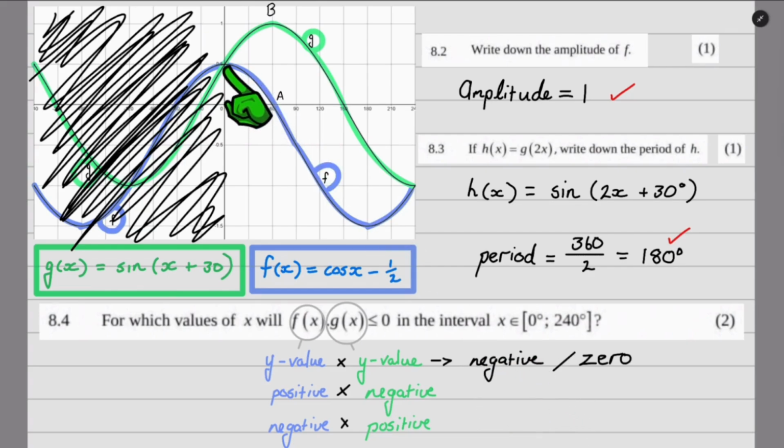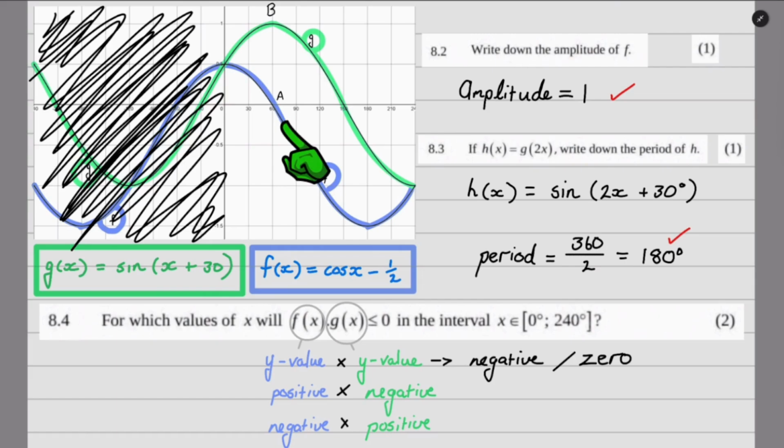So I start all the way on the left of where I'm analyzing, and I ask myself, what are the y values here? The y value for the green graph is positive at 0.5, and the y value for the blue graph is positive at 0.5. And as I move along the graphs, things change over here.